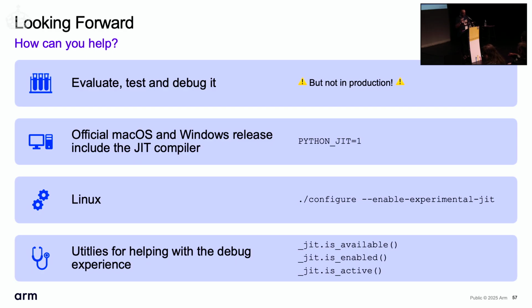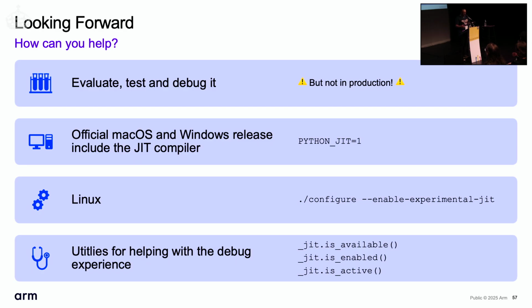So if you're curious or excited or just want to try it out, this is the perfect time. You can already evaluate and test the JIT today, but not in production. It's still experimental. So if you want to play with it, feel free to do it. Also, on the macOS and Windows builds of 3.14, the JIT is built by default. It's built, but it is disabled by default, so you need to enable it at runtime.